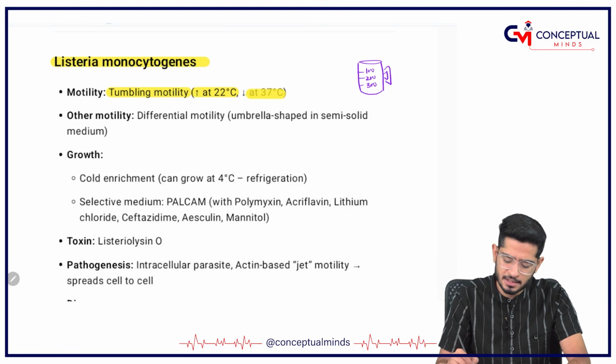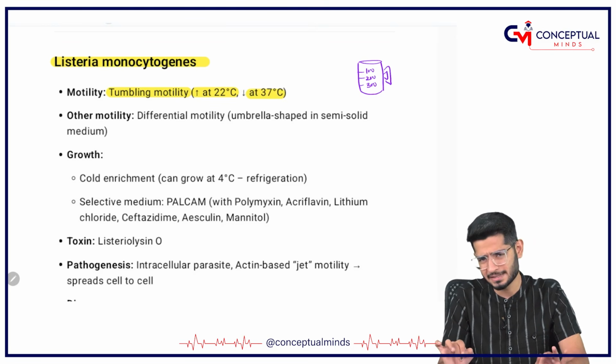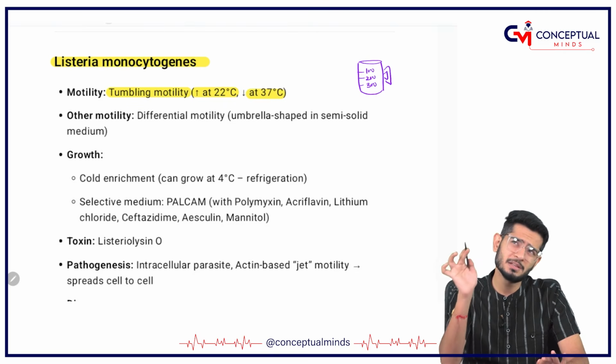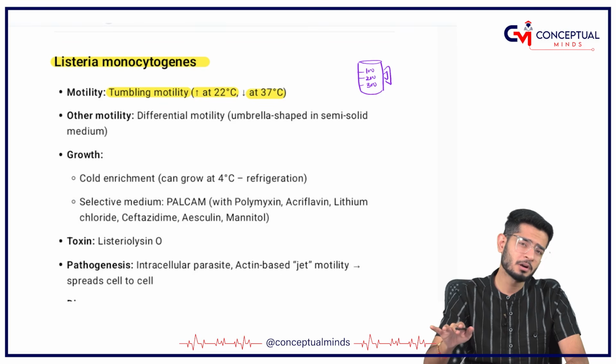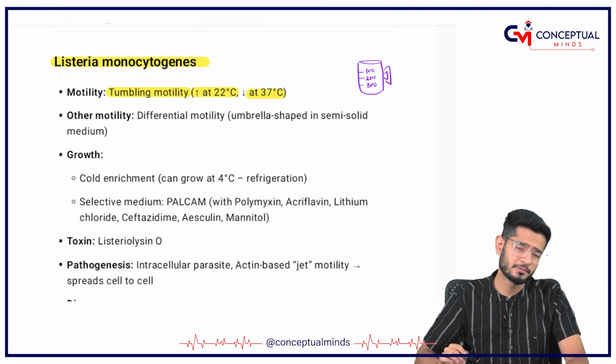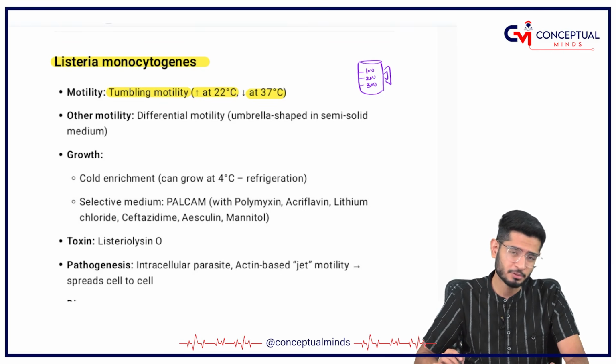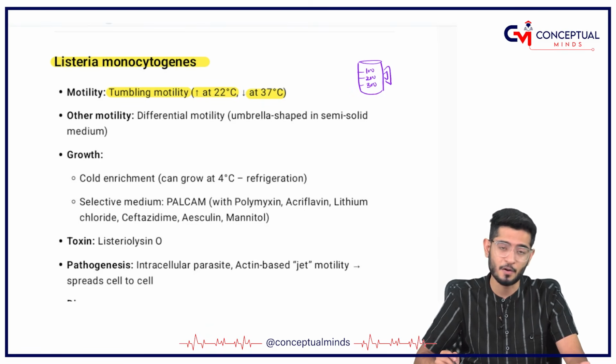Whereas at 37 degrees Celsius, that motility is less, because 37 degrees means the sun is at its peak and there's a lot of hot weather outside, so you don't prefer to be motile, you don't prefer to go outside. This is the way Listeria also does.